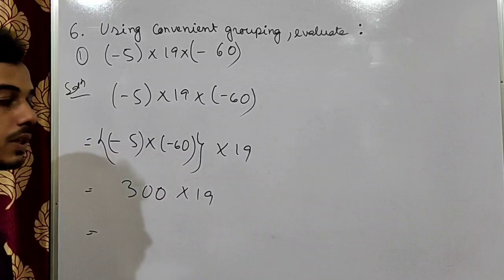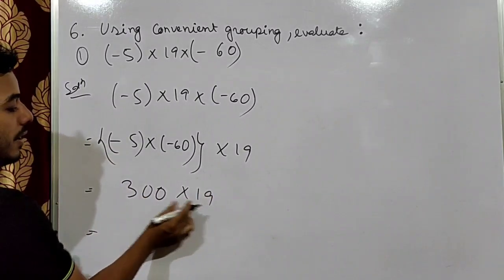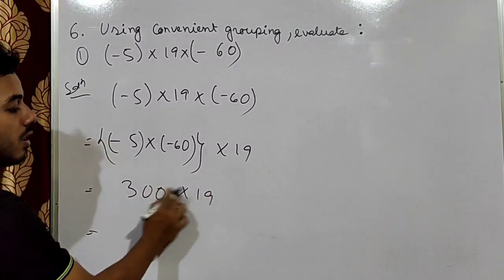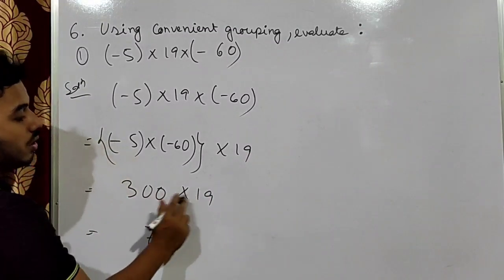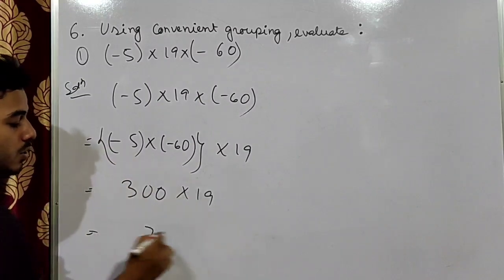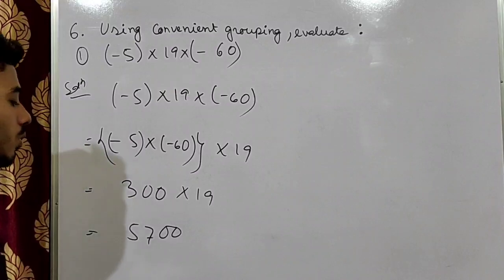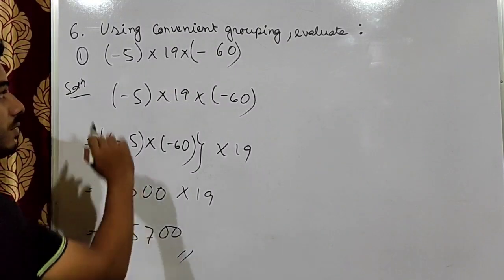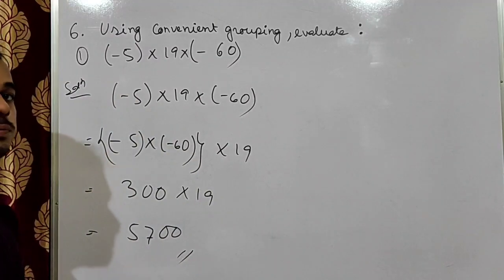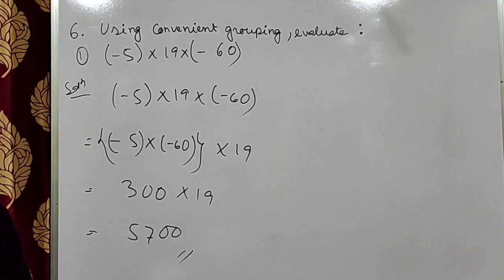If you don't know, multiply 19 with 3. 3 into 9 is 27, 2 carry; 3 into 1 is 3, plus 2 is 5, so 57. Then directly put these 2 zeros. So we got the result 5700. This is how we can solve this type of questions. Clear? Okay, so now let's move to our next one.